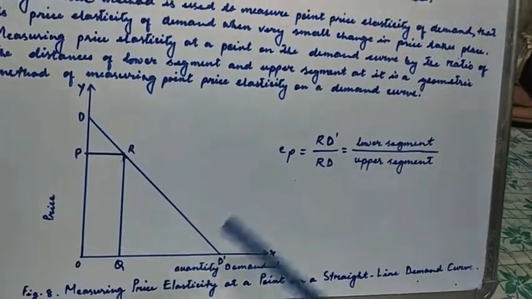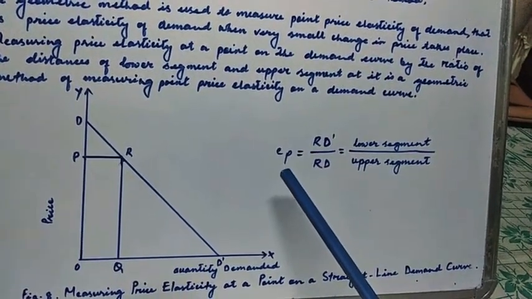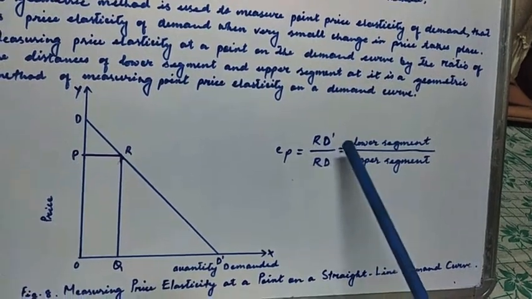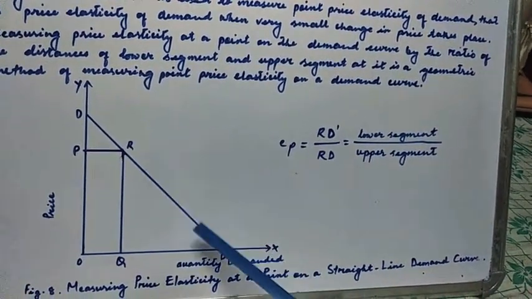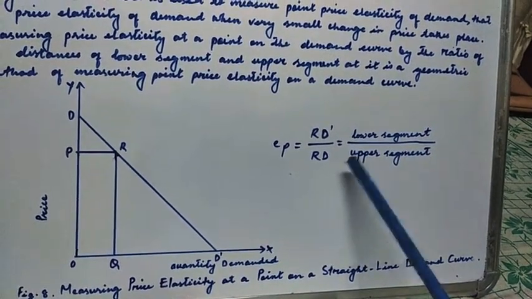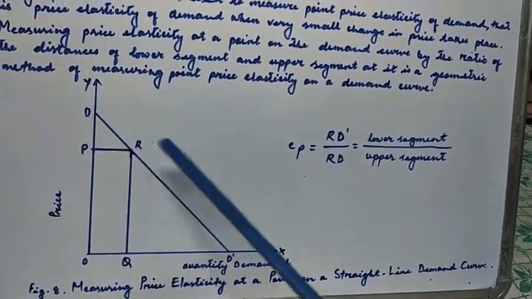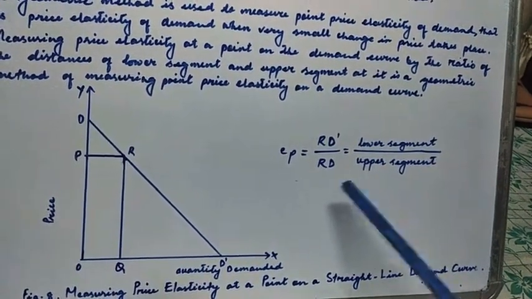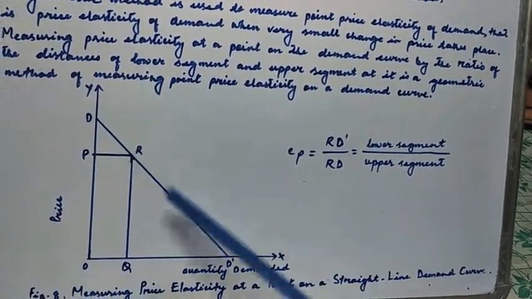Under this method the formula is given here. Price elasticity is given by RD dash, which is the lower segment of the demand curve, divided by the upper segment, that is RD. So that is in ratio or proportion. We have to measure the price elasticity.